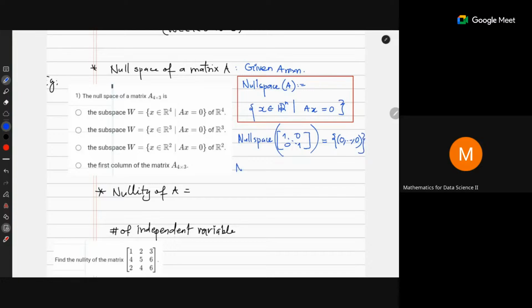And in case you have a scalar matrix, then what would be the null space?